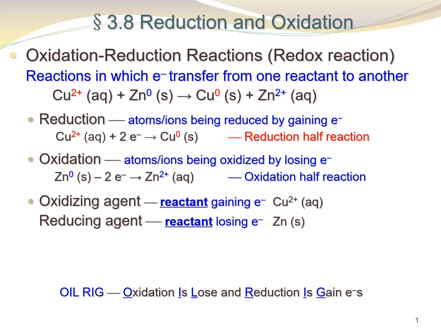So for example, when we talk about the oxidizing agent, we realize it's copper, and copper is the reactant, as you see. The reducing agent is the reactant in which the ion or the atom loses electrons. So zinc and zinc.